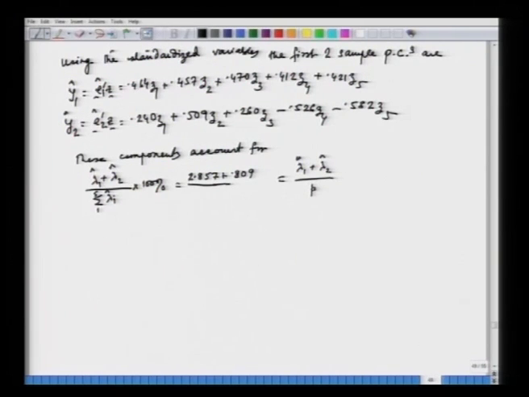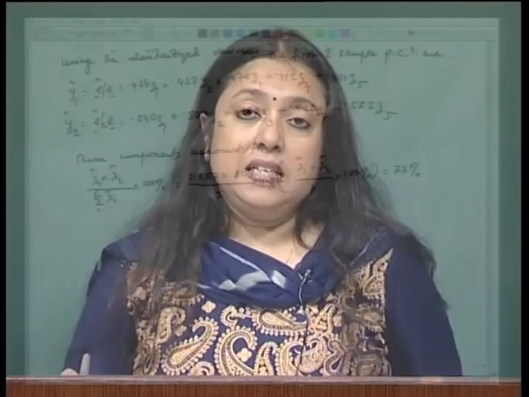So, this is 2.857 plus 0.809 over 5, times 100%, which is equal to 73%.